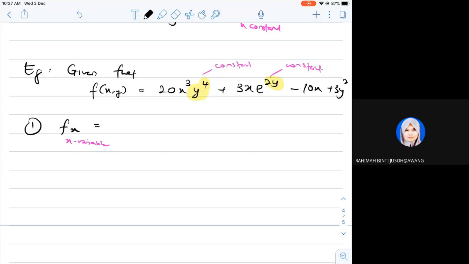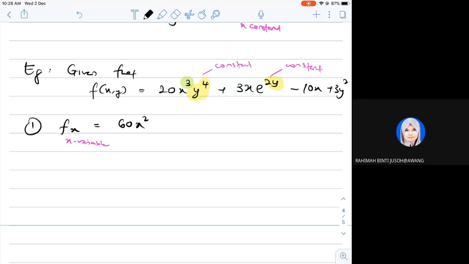Now let us differentiate term by term. Take 20x cubed y to the power of 4. How do we differentiate this? 20x cubed: the 3 goes to the front. So we have 3 times 20, we get 60x to the power of 2, x squared.